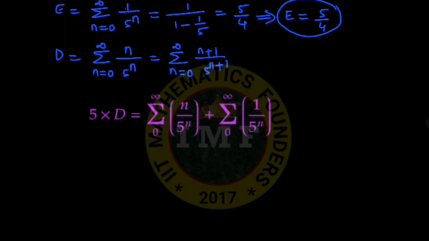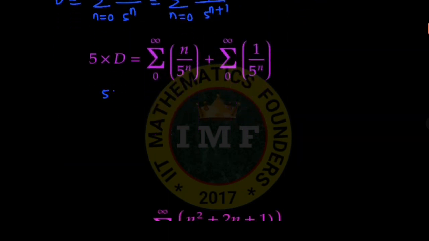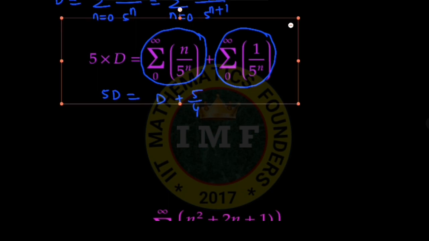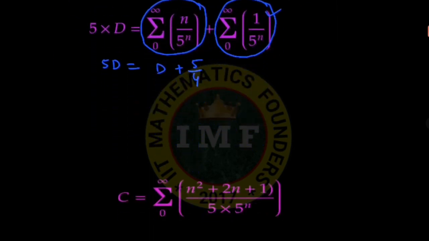On simplification you are going to get this equation. Now this is 5D equals D itself plus, as you can observe from the previous steps, this value is E, that value we have as 5 by 4. So on simplifying you are going to get the value of D as 5 by 16.